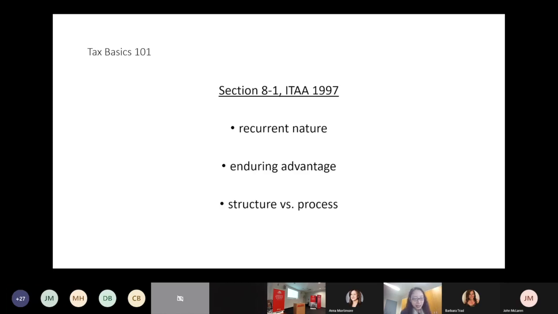I was going to actually say what Dixon said in some newspapers, but I think you're all familiar with the phrase, so I will just move on. The Sun Newspapers case was a landmark case introducing the third, structure versus process test in Australian jurisprudence, whereas the first two tests were inputs from the United Kingdom.